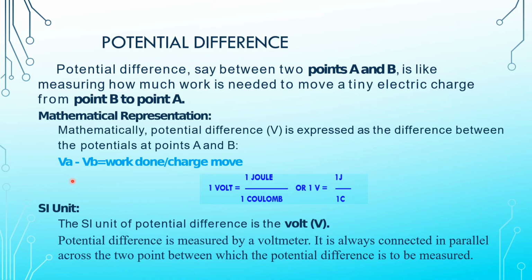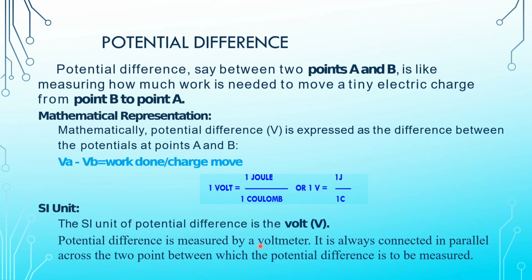The potential difference is measured in volts, the work done in joules, and the charge in coulombs. So it can also be written as 1 V equals 1 J by 1 C. The SI unit of potential difference is the volt, V.